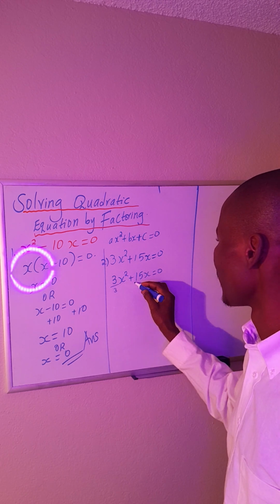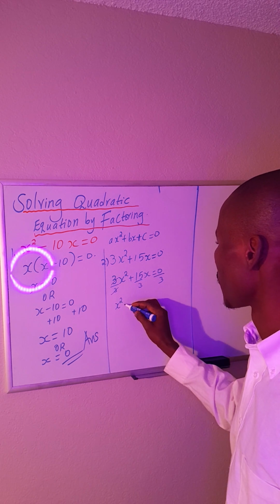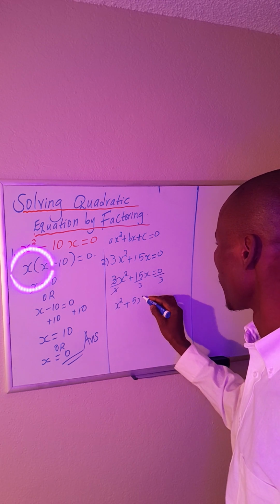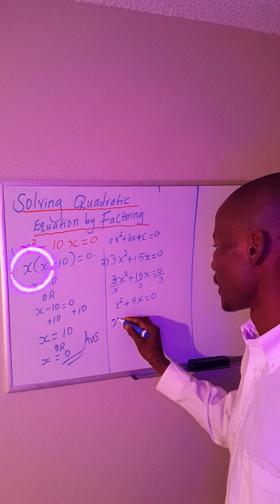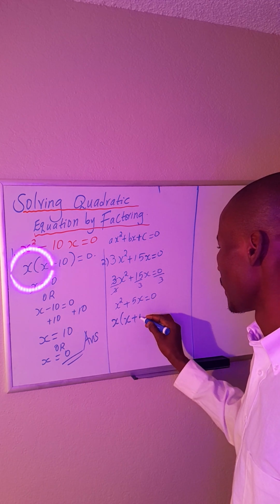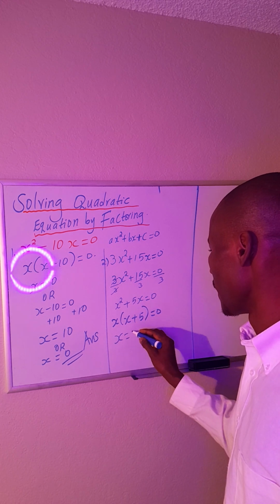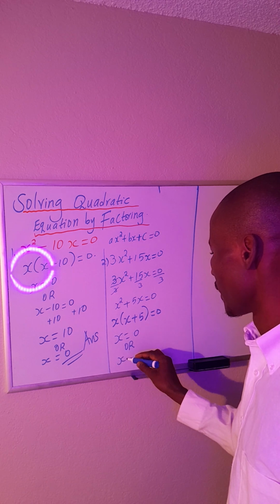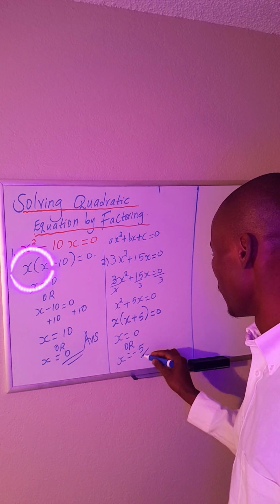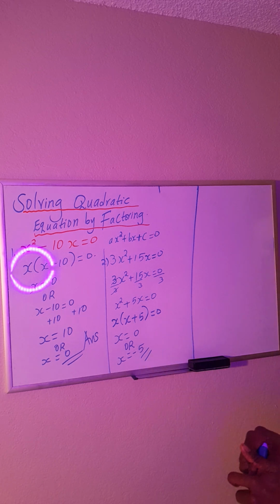I divide through first by 3 to reduce the numbers. Now what do I have? x squared plus 5x is equal to 0. From there, I'll say x is a common factor: x times (x plus 5) is equal to 0. So the first value of x is 0, or x plus 5 is equal to 0, so x will also be equal to negative 5.